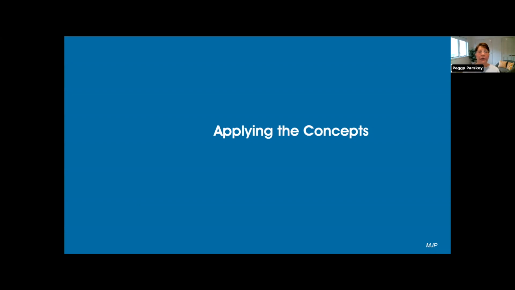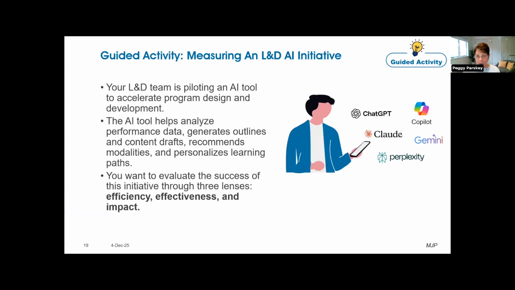And because we couldn't leave this session today without talking about AI, it's an AI example. So the guided activity is you are an organization that is piloting an AI tool and you want to accelerate program design and development. And the tool helps to analyze performance data. It'll generate outlines and content drafts, it'll recommend modalities, and it will help you personalize learning paths.